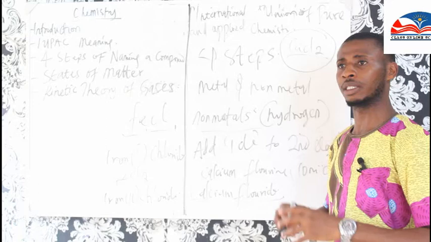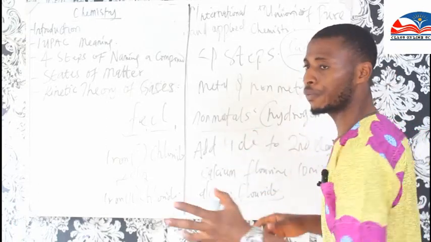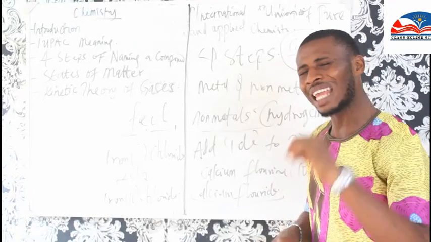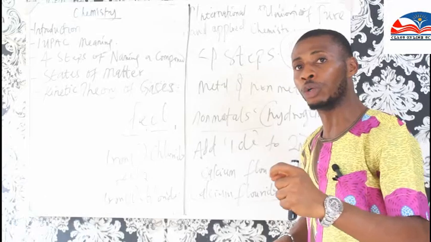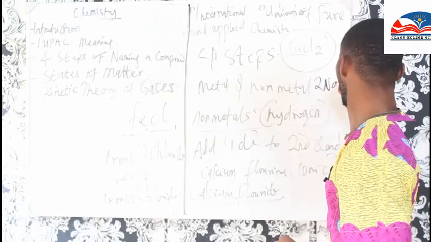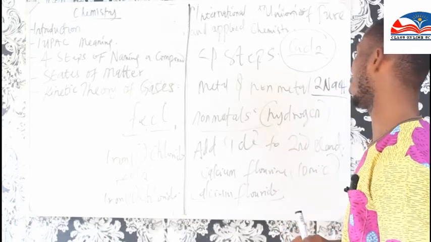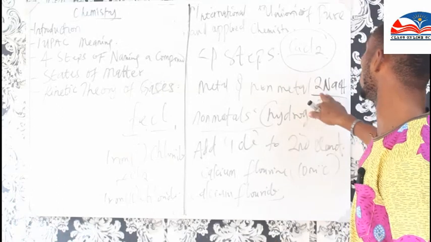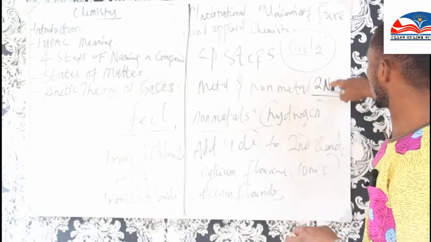This step says we should check if their ions are completed. All right, we have NaOH. Now this one is 2 molecules of sodium hydroxide.